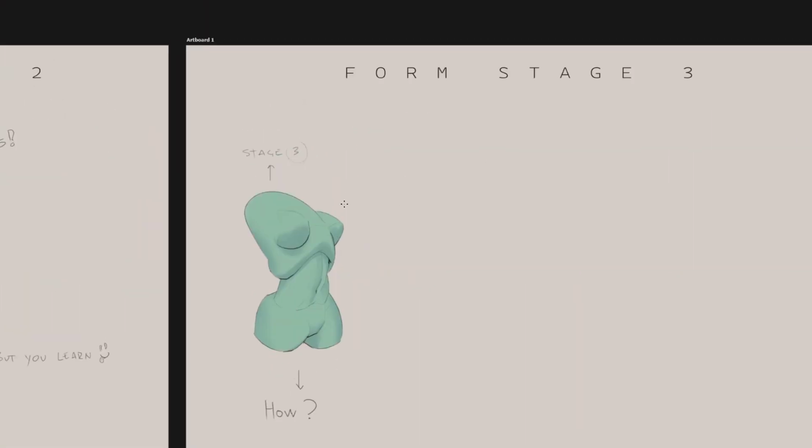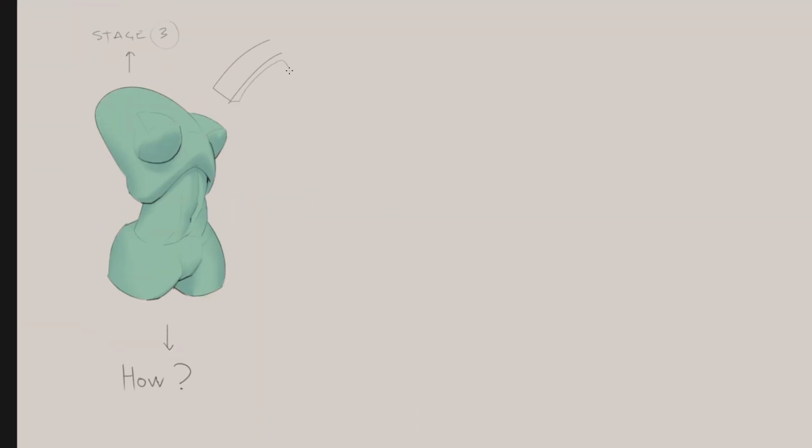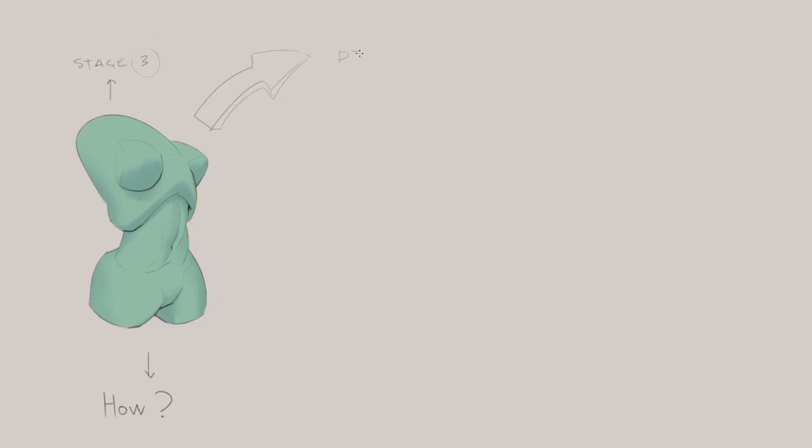So for phase 3, I hate to break it to everyone, but a lot of this comes from referencing. So your visual library, but you have to be able to do phase 1 and phase 2 to then apply these references in perspective. So that's what we've got so far.